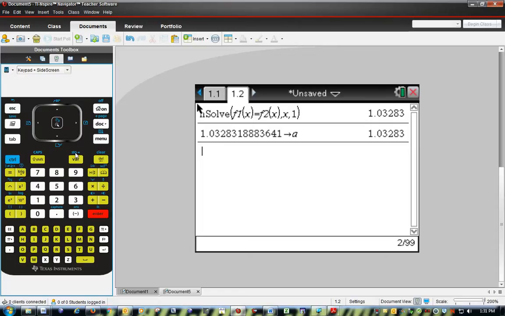Now, a couple of things that you can do in here. The template key here, you can do derivatives. So you can't, it won't let you actually do a derivative.